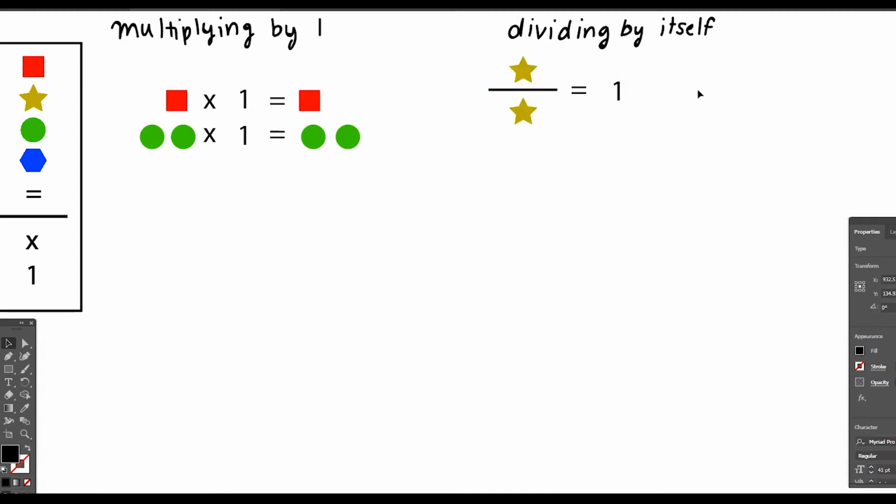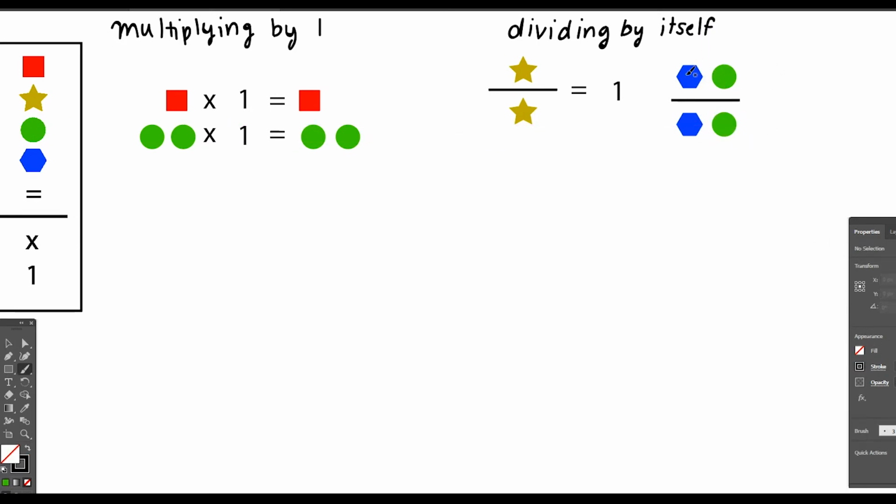And so let's just make sure that we have this clear. So let's do another really simple one. Let's do something a little bit more complex this time. Let's say that I have a blue hexagon and a green circle divided by a blue hexagon and a green circle.